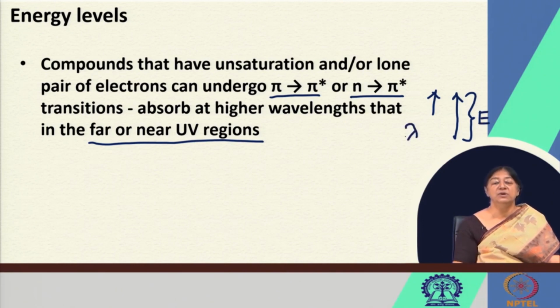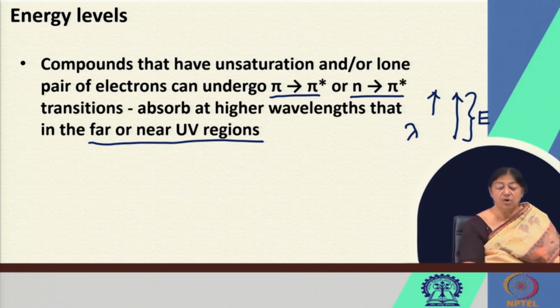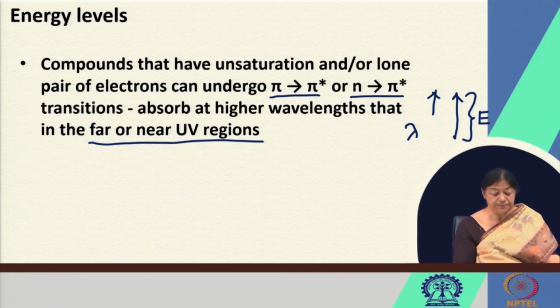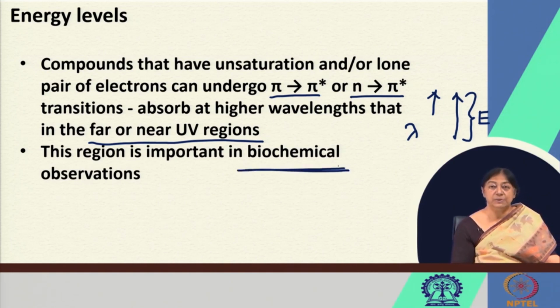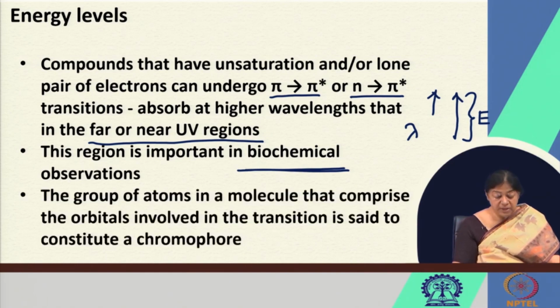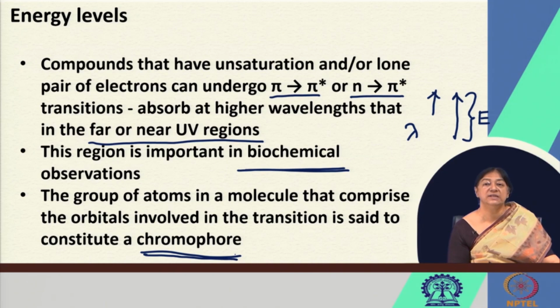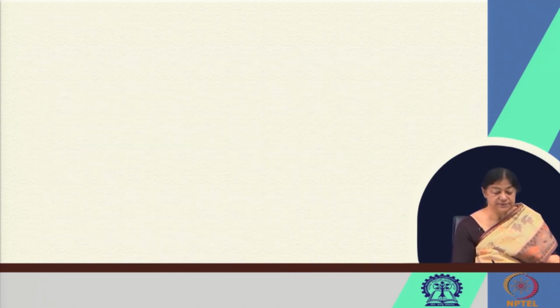The lambda value is in the far or near UV region. This region is important in all our biochemical observations and we will see why. Because we have a group of atoms in a molecule, we know this chromophore is going to be what is important to us in understanding what the chromophores are in proteins.